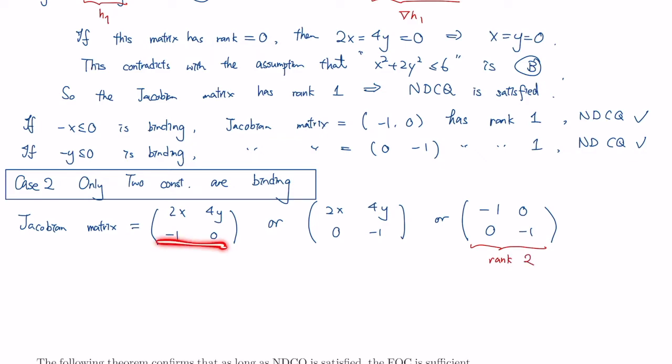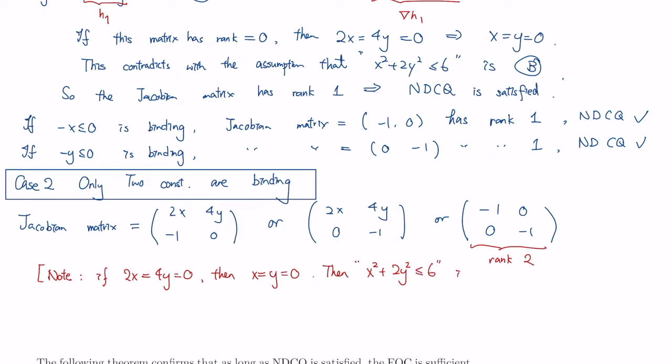But how about the first two? Then you ask the same question. Is it possible that this has rank less than 2? Or is it possible that this row is 0? It turns out it's impossible. Note that if 2x equals 4y equals 0, then x equals y equals 0, and then the constraint x squared plus 2y squared less than or equal to 6 is not binding.